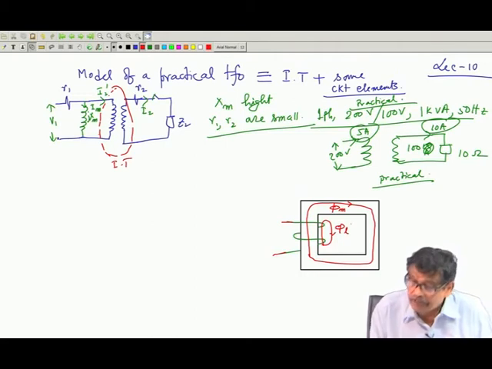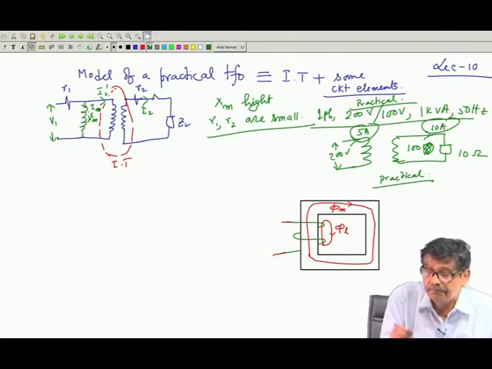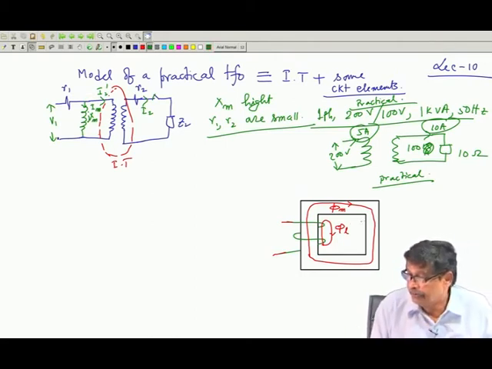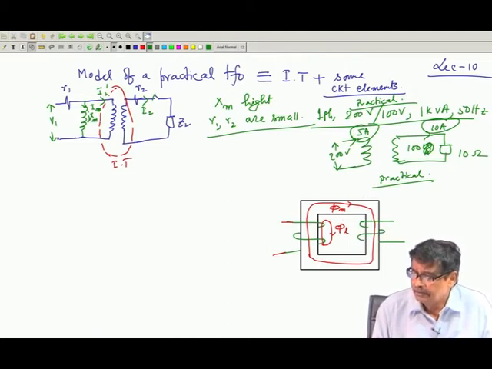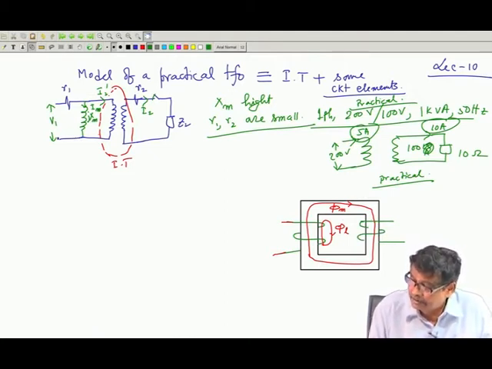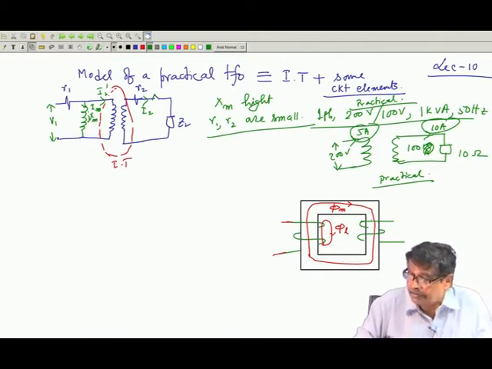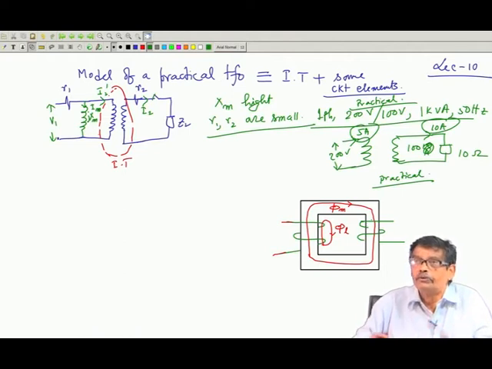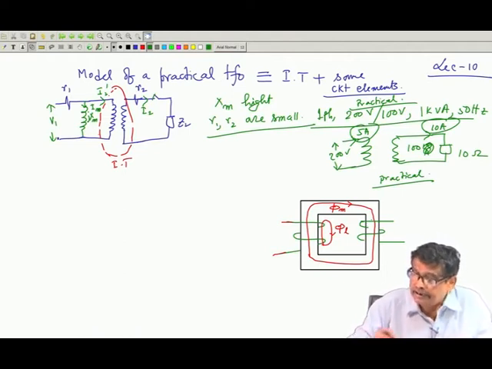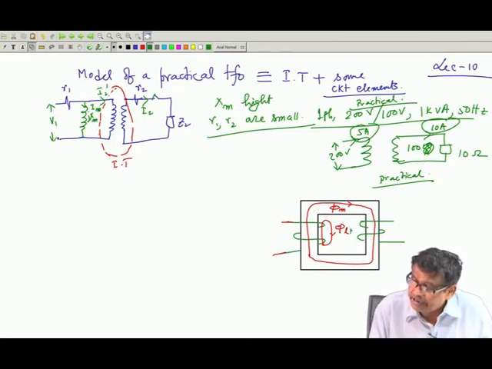It is this mutual flux which is going to give you transformer action. The voltage induced in the coil is N dφm/dt, no leakage flux, the flux which is common to both the windings. So, this is leakage flux here, φL1.